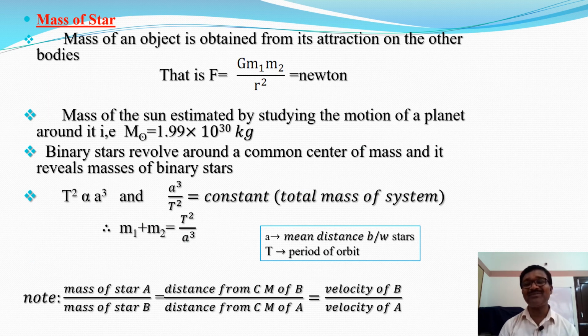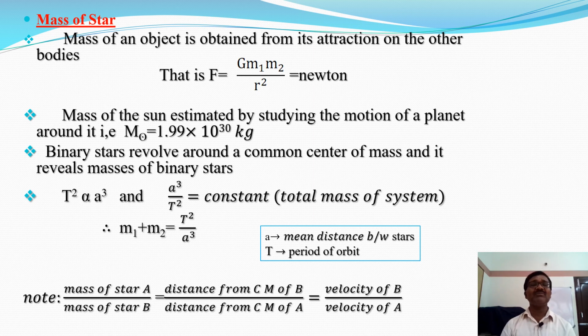This is the main important property of the star. How can the mass of objects be found? That's very important. There are many indirect methods to measure the masses of the stars. Firstly, the mass of an object is obtained from its attraction on other bodies by Newton's universal law of gravitation, that is F is equal to G m1 m2 divided by r square, in Newtons.